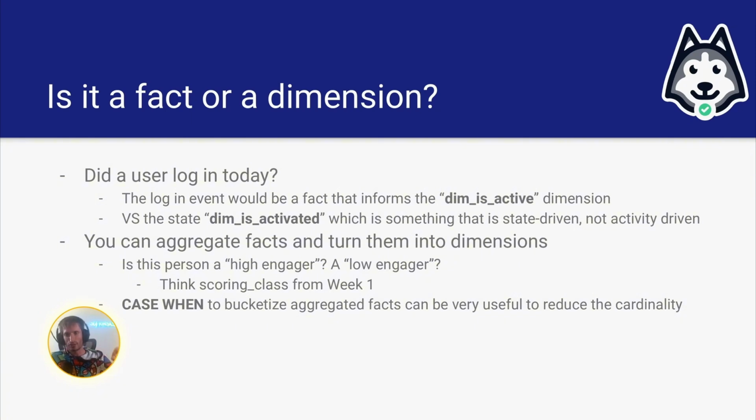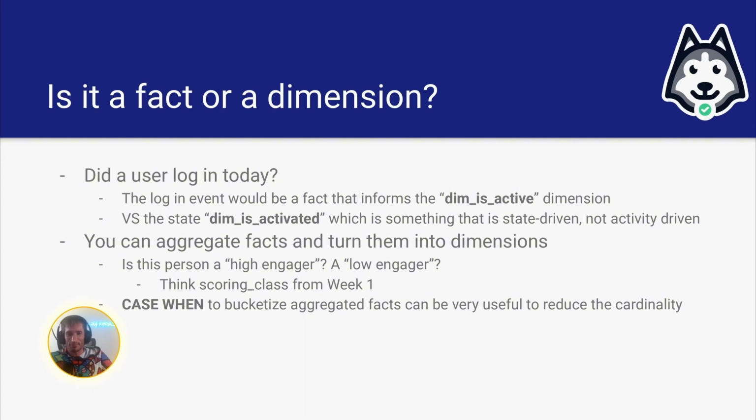So if the dimension is based on an event, like they liked or commented or shared something, is that really a dimension at that point, or is it just an aggregation of facts? And that's a great thing I'm trying to illustrate to y'all: it's both. And that's where this whole modeling exercise can get really, really dicey.